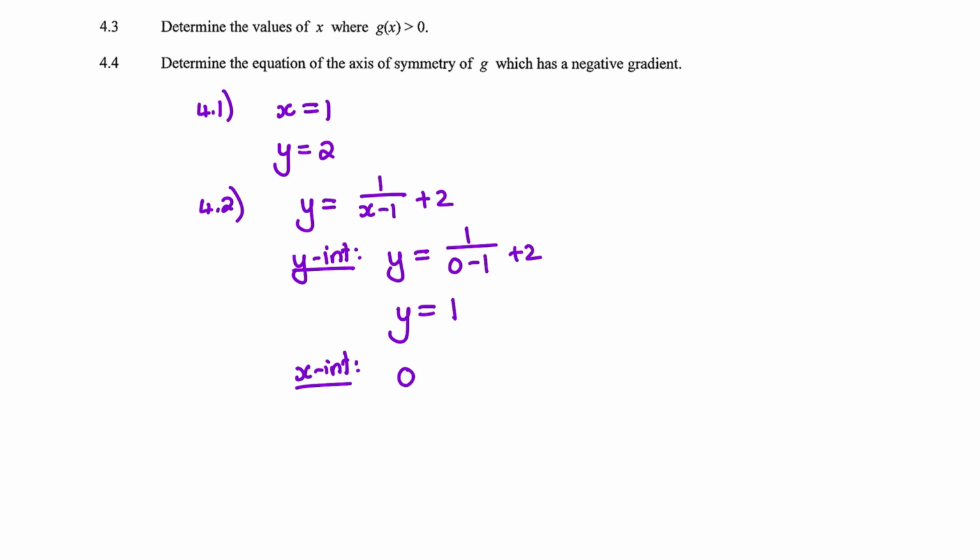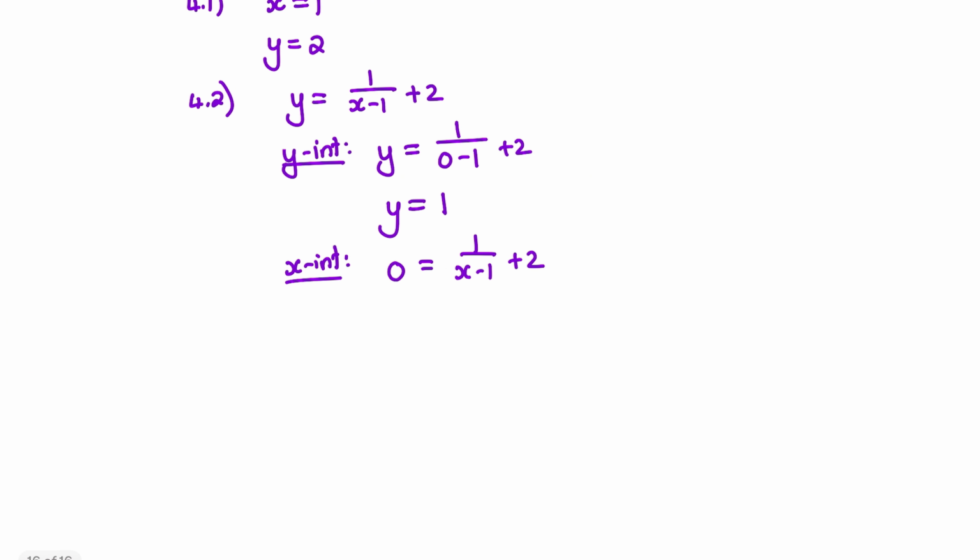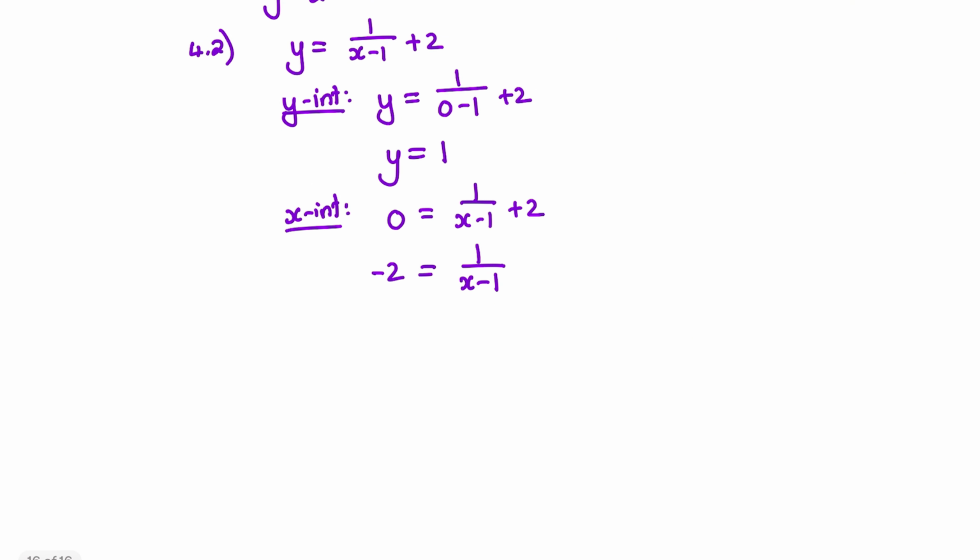So 0 is equal to 1 over x minus 1 plus 2. So I'll transpose the 2, so I move it to the other side. And I have 1 over x minus 1 on the right-hand side. Then I will cross multiply, so I'll multiply negative 2 with the denominator.